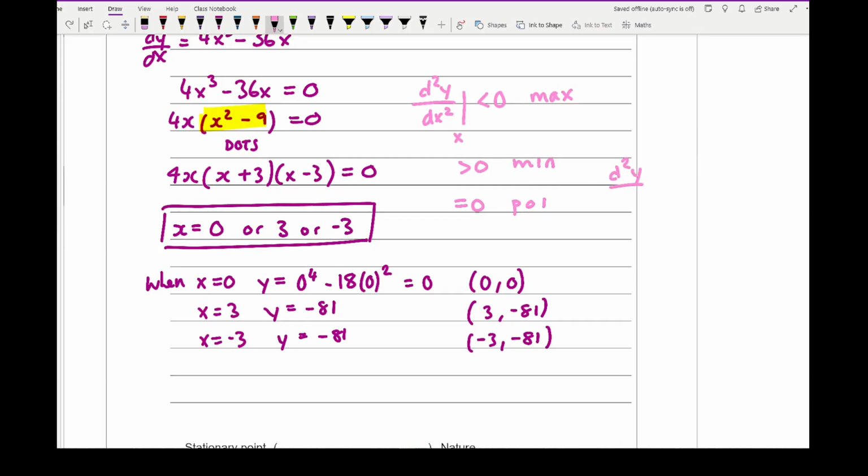So the second derivative is, we know that dy/dx is 4x cubed minus 36x. So the second derivative is going to be 12x squared minus 36.